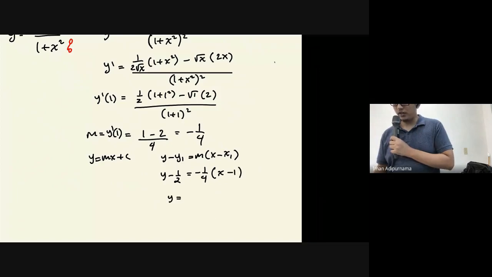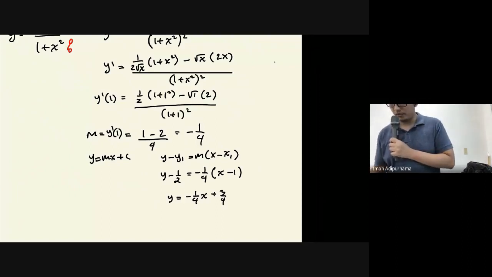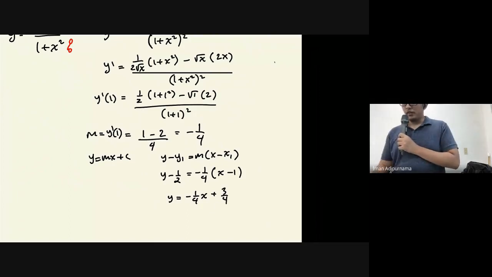So your y plus 1/4 plus 3/4. Yeah, let me write this bigger. Okay, so this is your tangent line equation.